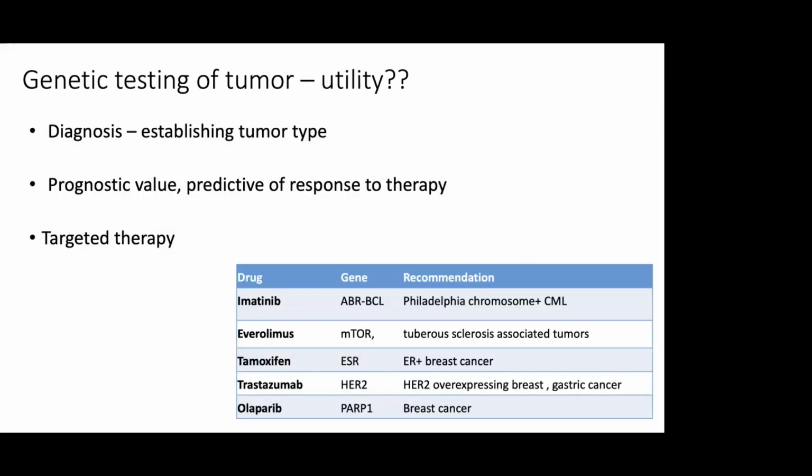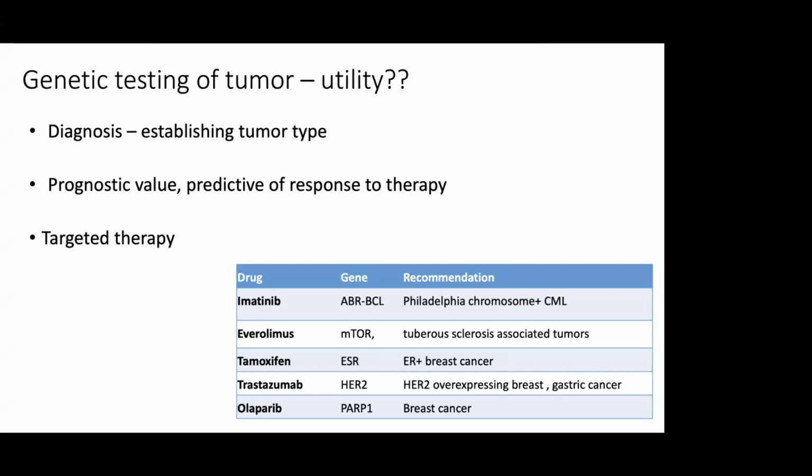So what is the utility of doing genetic testing of tumor tissue? In terms of establishing a diagnosis, what we traditionally rely on is the histopathology, or sometimes immunohistochemistry examination, which is not always reliable and has certain limitations.